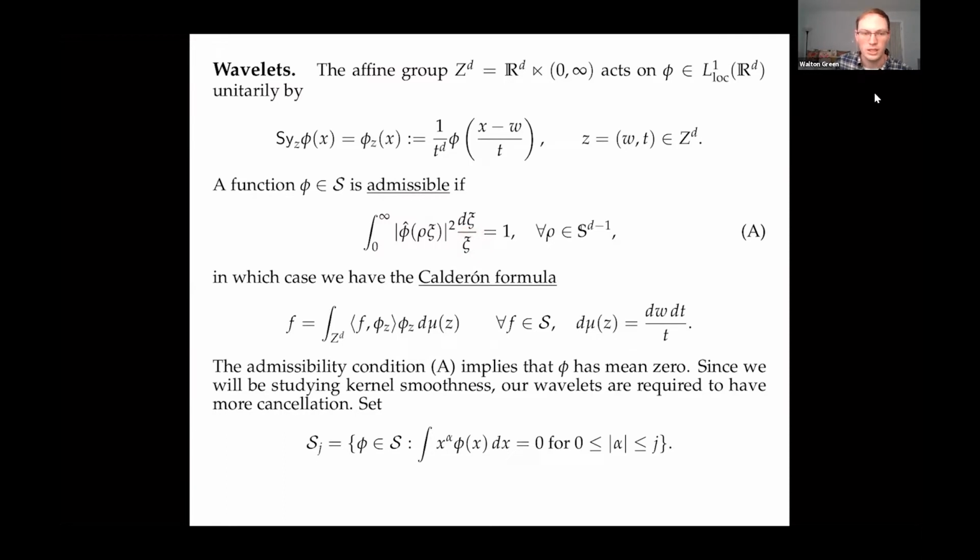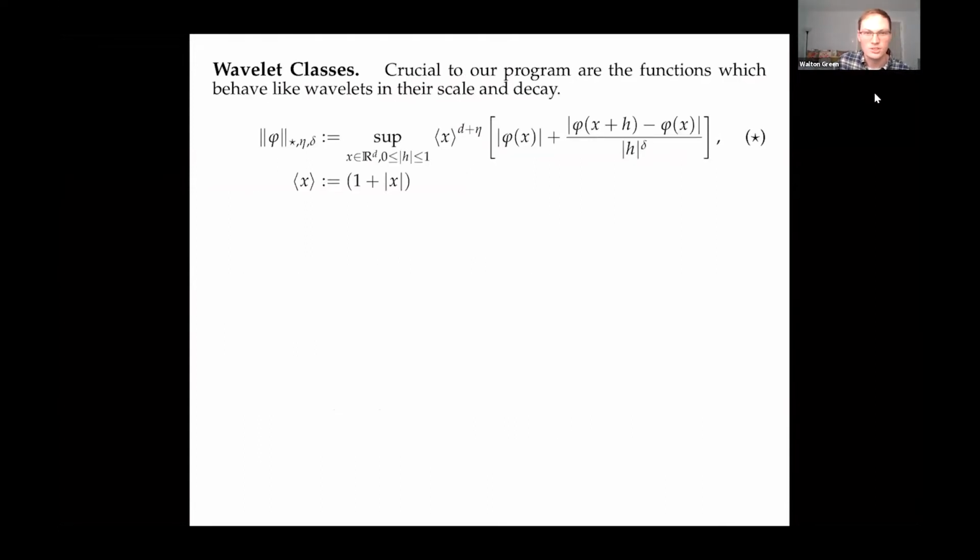With that in mind, we actually want more from our wavelets than to be mean 0. So we want additional cancellation. We'll use this notation of Schwartz functions, which have vanishing moments up to j. Alpha equals 0, that's just the mean 0 condition, but we require vanishing moments up to some certain level j. All right, so that's some technical stuff for the setup.